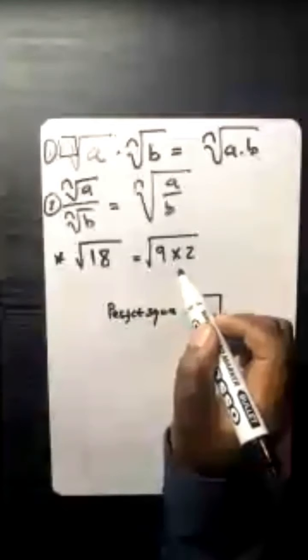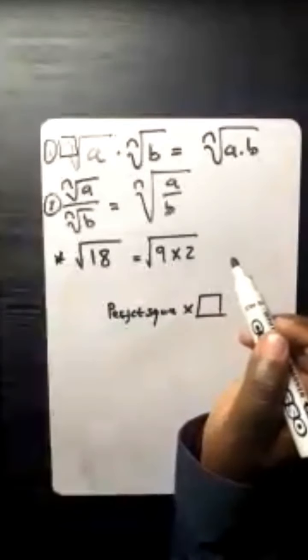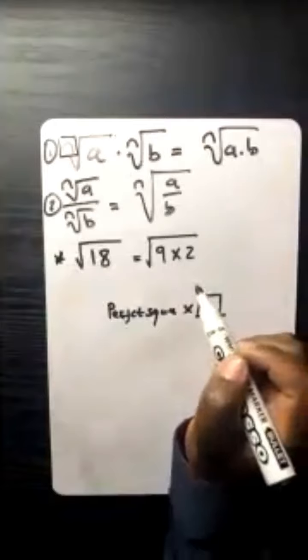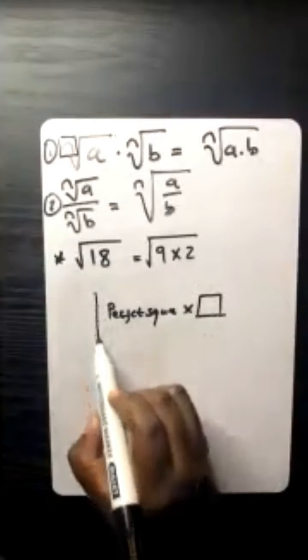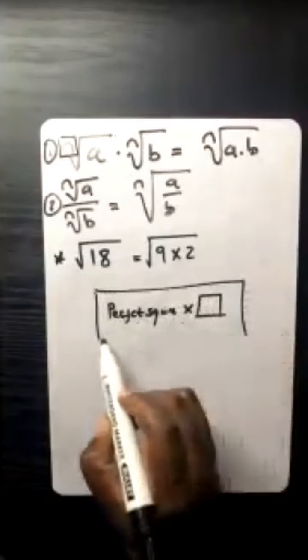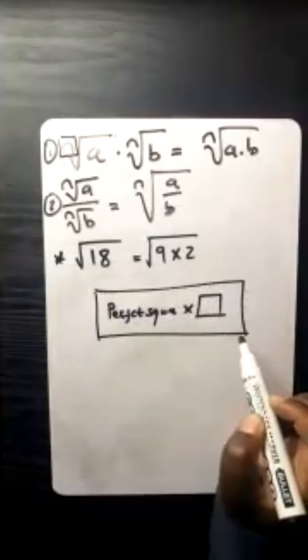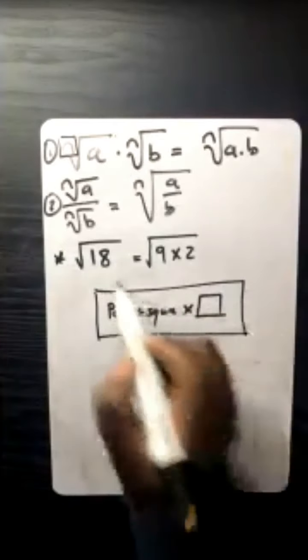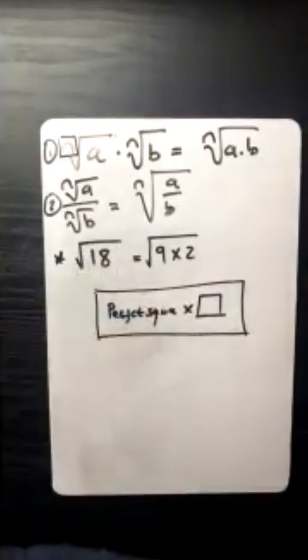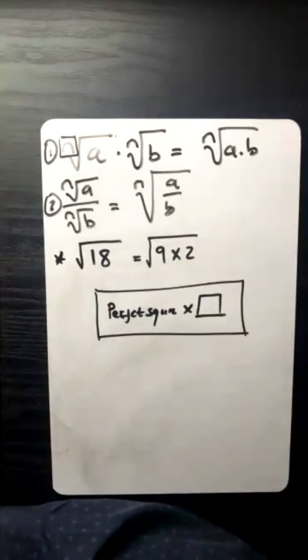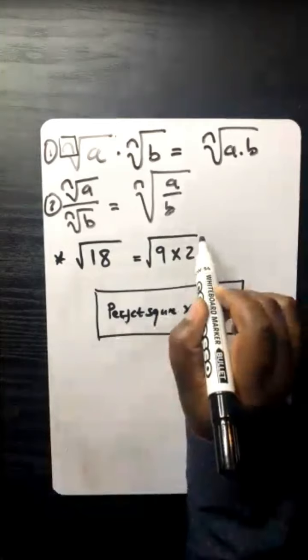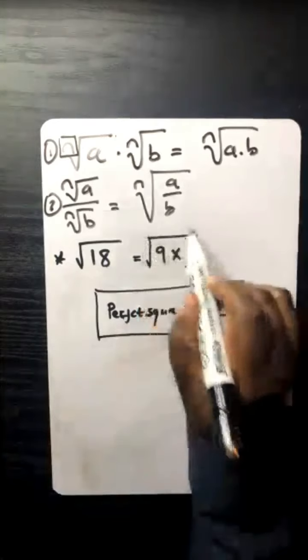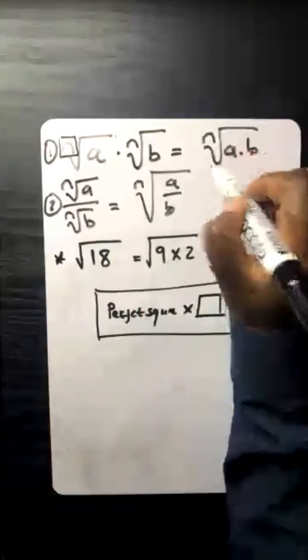But the simplest way is to try to find a perfect square number which you can multiply by any other number, which will take you back to whatever number you had inside the brackets. So can you see, guys, this is the same as that.